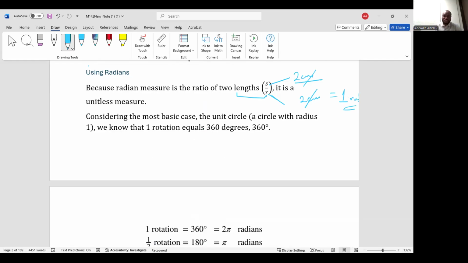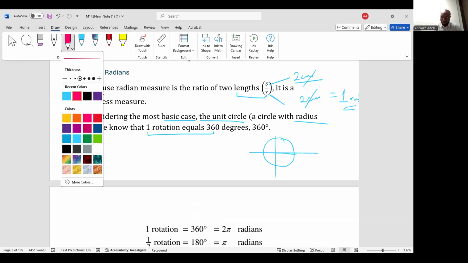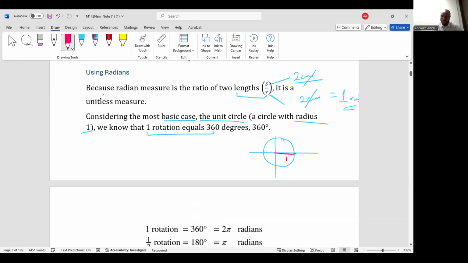Okay. Let us consider the most basic case, the unit circle. A unit circle is a circle with radius 1. Please do not forget that a unit circle has a radius of 1. So we know that one rotation equals 360 degrees for a unit circle. Let's say from here to here is 1, right?